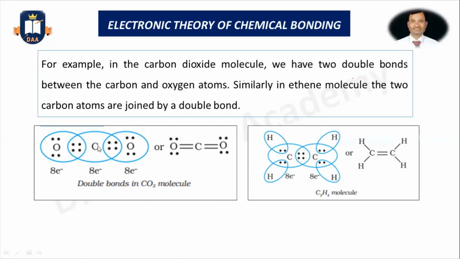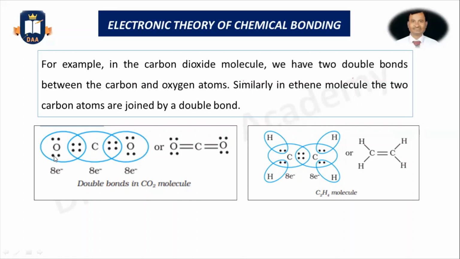And in that way, this central carbon will form the octet electronic configuration. You can see here in the middle, the egg-shaped round, and on the right side 1, 2, 3, 4, left side also 1, 2, 3, 4. So this carbon atom attains the octet electronic configuration, and for each oxygen atom, the left side is round shape and the right side is round shape.